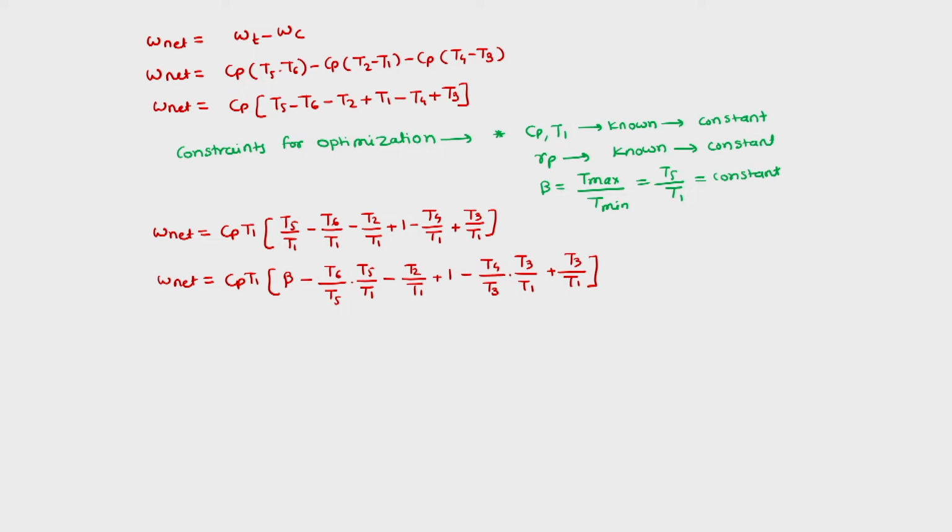We will again consider one thing as an assumption, that the inlet to both the compressors is the same. We will put a constraint which says that T1 is equal to T3, which says that the inlet temperature to both compressors is the same.